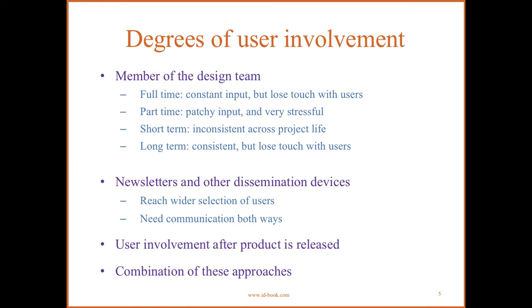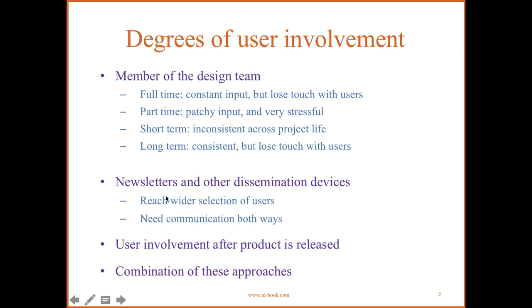In terms of the degree of user involvement, when you're dealing with users, you have to decide whether they are full time, part time, short term, or long term. These are the degrees of user involvement, and they will highly depend on the case study and how detailed you want users to be involved in your design process.